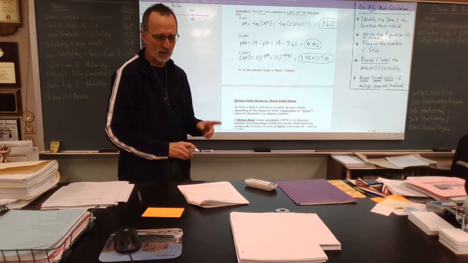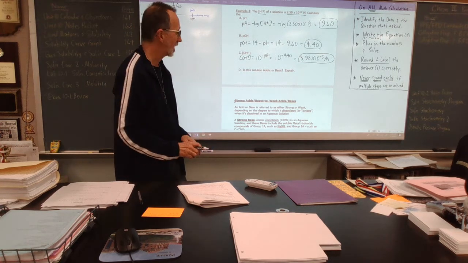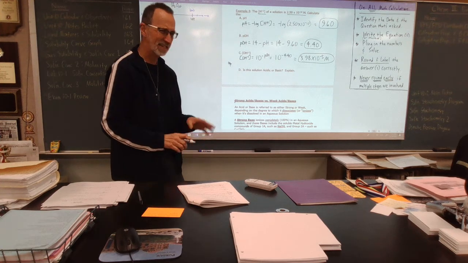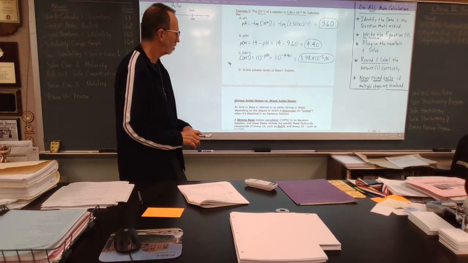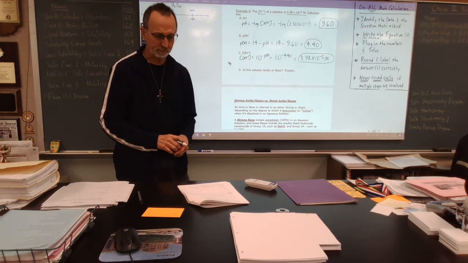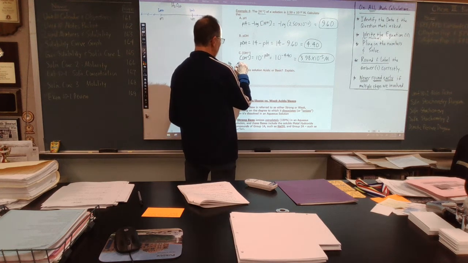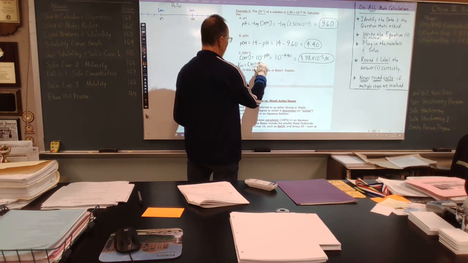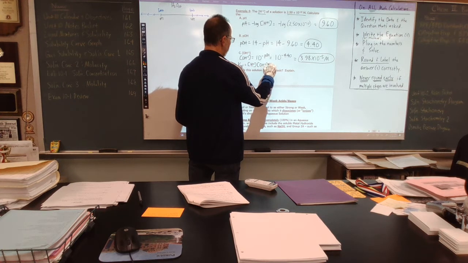There is another way that you could have calculated this. Put a little star there. It probably takes punching a few more buttons, but it will show it to you. Remember that Kw for any aqueous solution is equal to the hydrogen ion concentration times the hydroxide ion concentration.